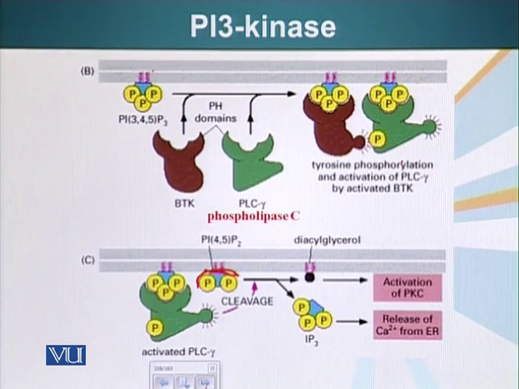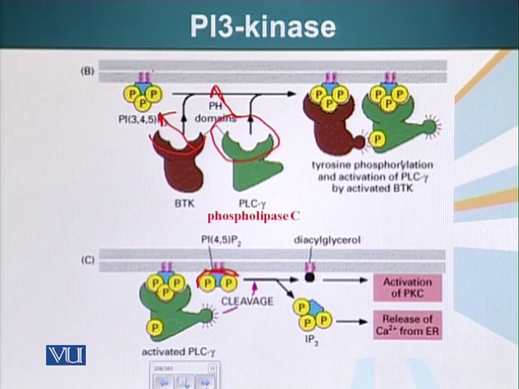BTK stands for Bruton's tyrosine kinase, which has a pleckstrin homology or PH domain that can bind phosphatidylinositol triphosphate. Also, another molecule, PLC gamma, also has this domain. This can also bind another different molecule of PIP3.